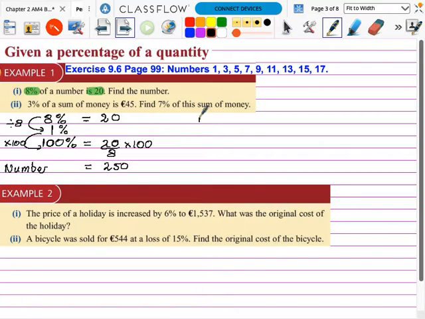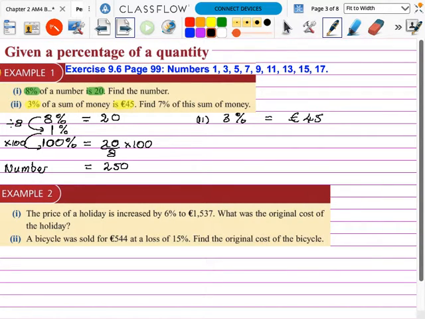Part 2. 3% of a sum of money is 45. So we're looking at this question again. 3% is 45 euros. So we have here that 3% is definitely equal to 45 euros.